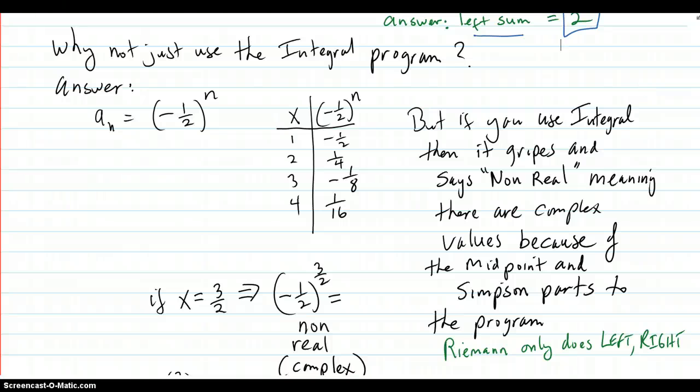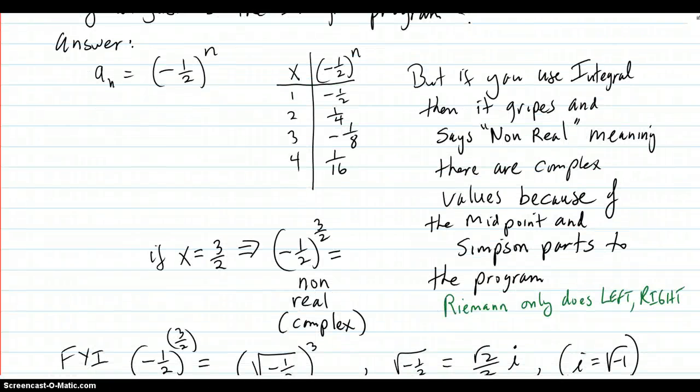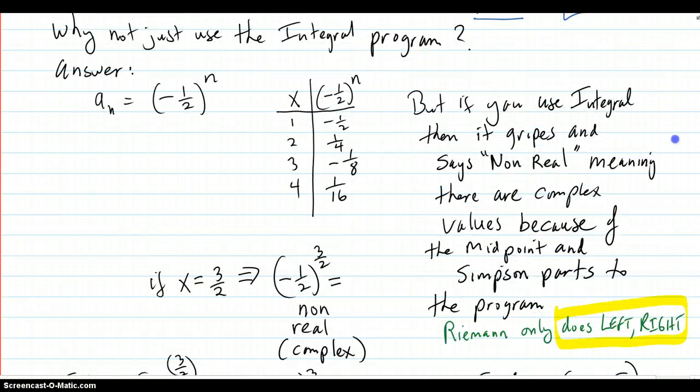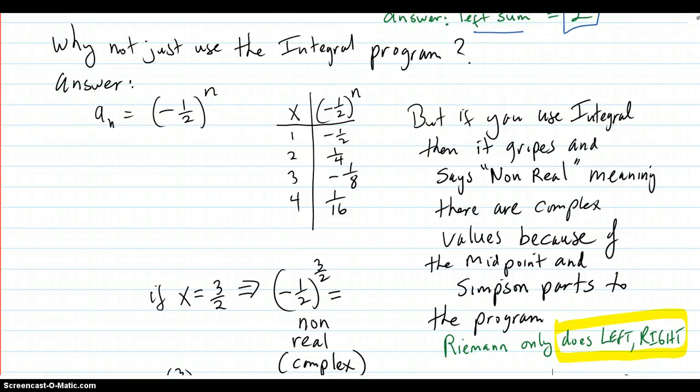Okay, now here's the explanation of why not just use the integral program, because Riemann is an integral program. What's the difference? Well, Riemann does only left and right, which helps us in this manner. Let's say our sequence was (-1/2)^n, and the terms were done that way. Then your x would be 1, 2, 3, 4, and the (-1/2)^n's would be flip-flopping: -1/2, 1/4, -1/8, 1/16.